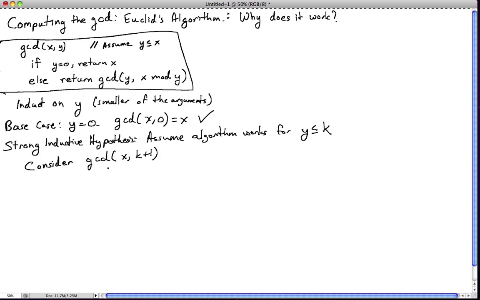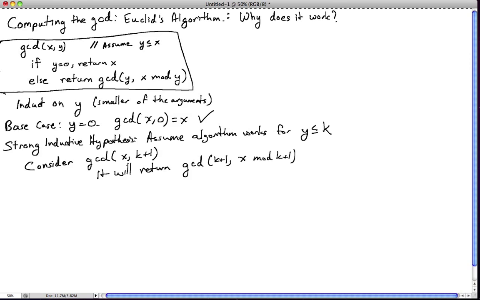Is y equal to 0? No, y is not equal to 0. So we're going to fall into the else. So it's going to return the GCD of k plus 1 and x mod k plus 1.